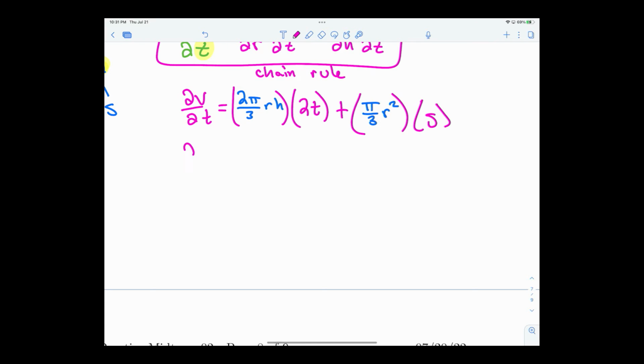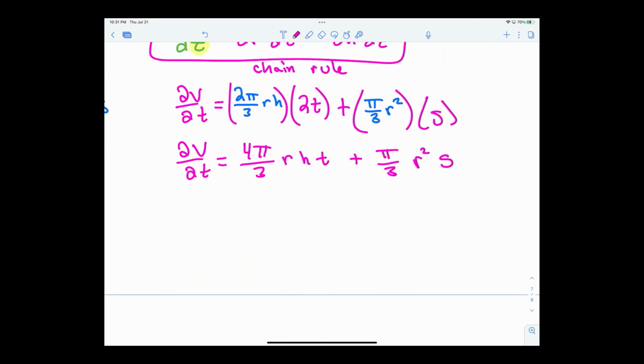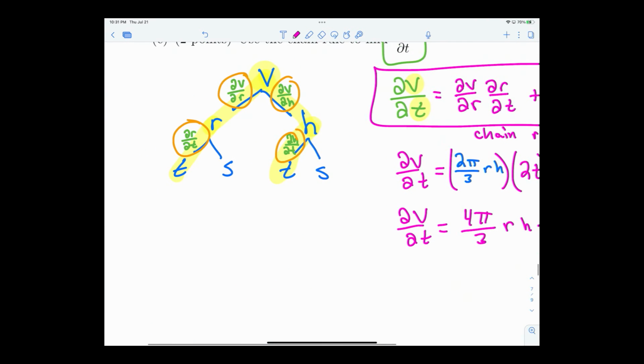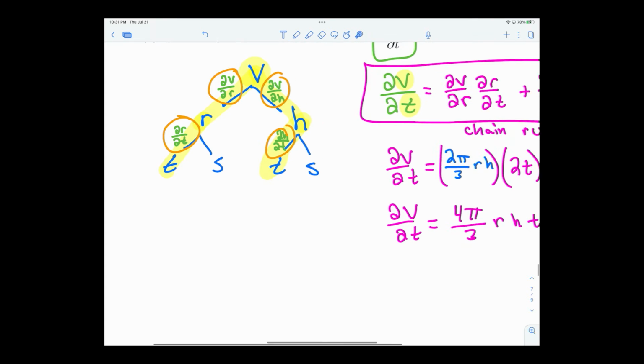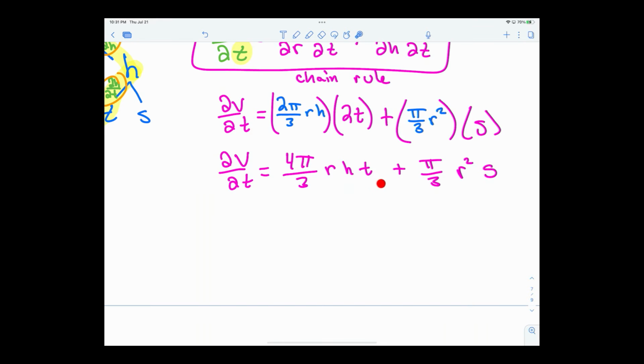So this is what we get. So dV/dt is 4 pi over 3, and then we have an R, an H, and a T. And over here we have a pi over 3 R squared S. And technically this is correct, but the bottom level here has S's and T's, and this has R and H and S and T. It has all the variables in it.